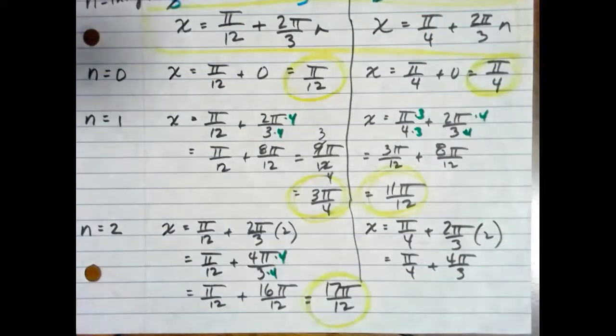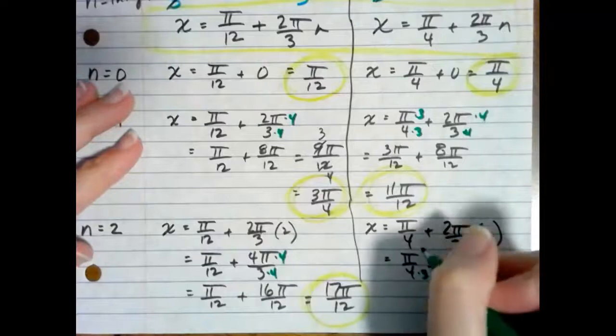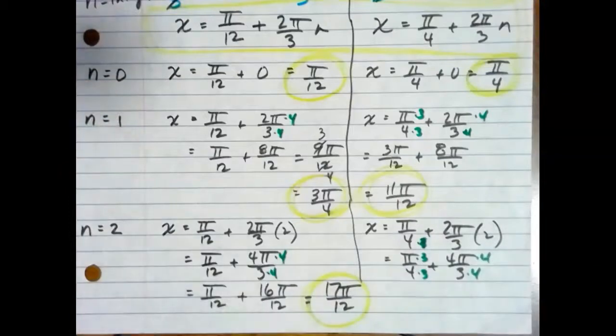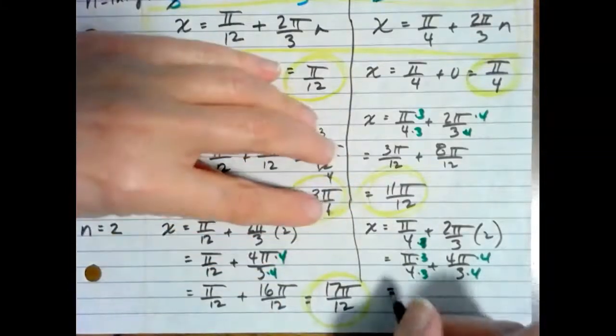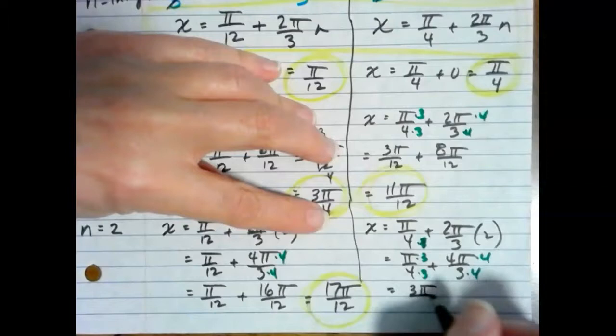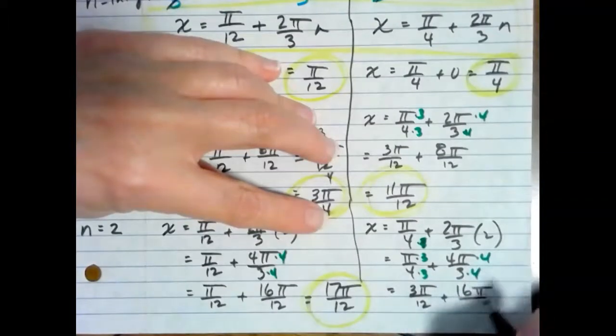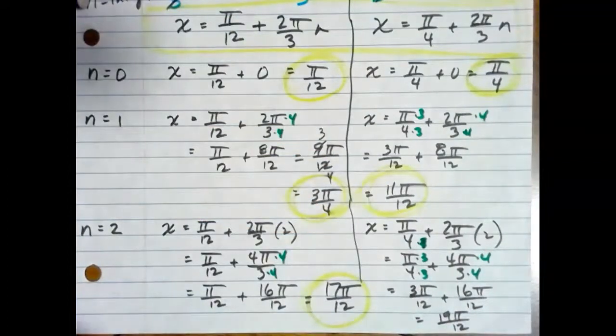Once again, we need a common denominator of 12, times 3 times 3 on the top, times 4 times 4. So we've got 3 pi over 12 plus 16 pi over 12. That is 19 pi over 12. There we go. So 1, 2, 3, 4, 5, 6.